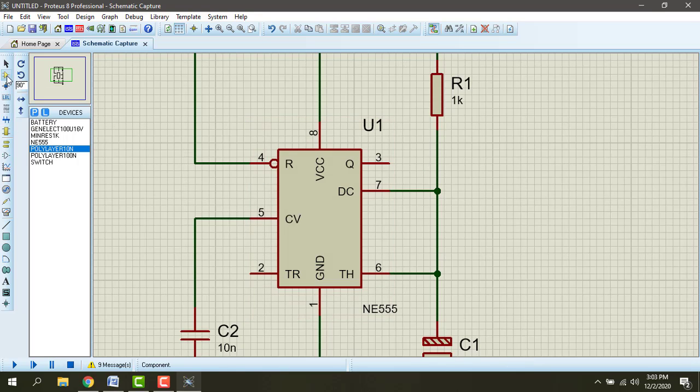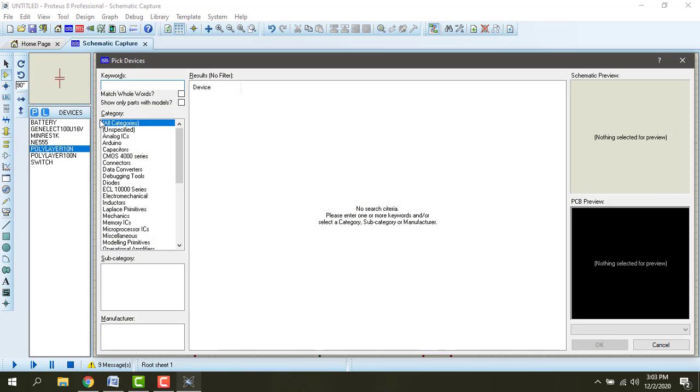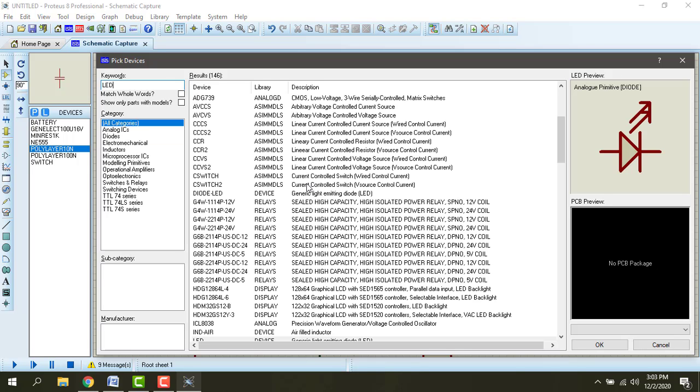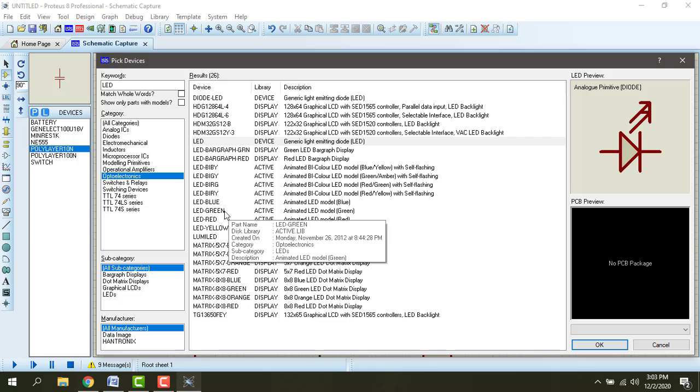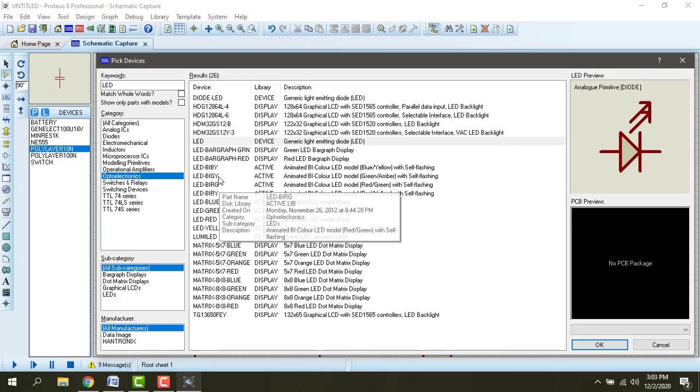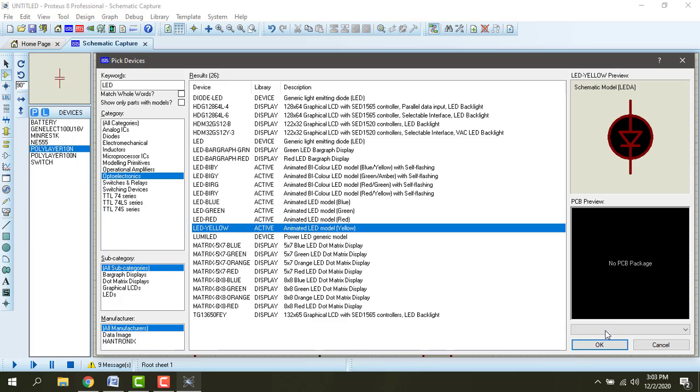At the output I am going to connect an LED. So the output will be turned on for 4 seconds. So optoelectronics, LED, category optoelectronics, animated. It is yellow. It's a visible one.